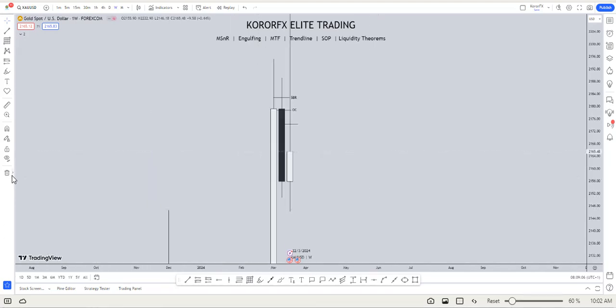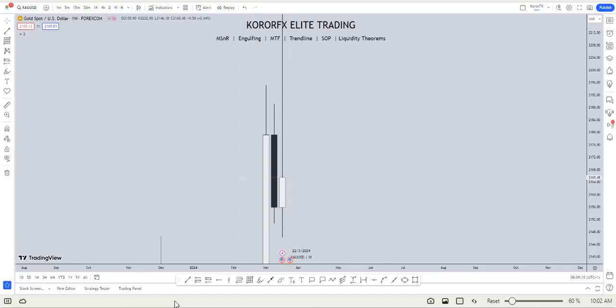For example, here we have a storyline. There is SNR and then price rejected. Here there is a storyline. So if the weekly storyline is started, if there is a weekly rejection, we must get a breakout at the daily.